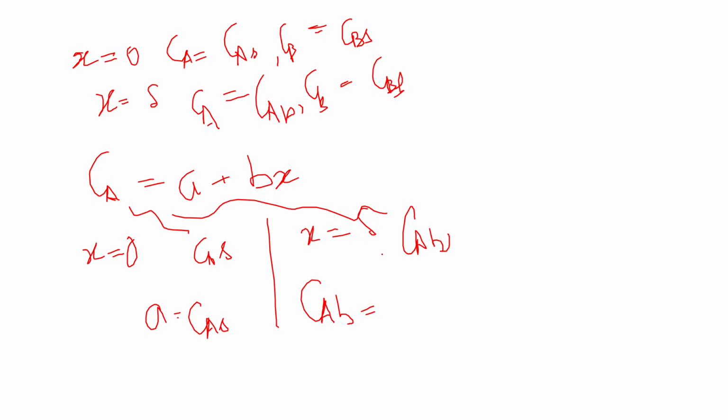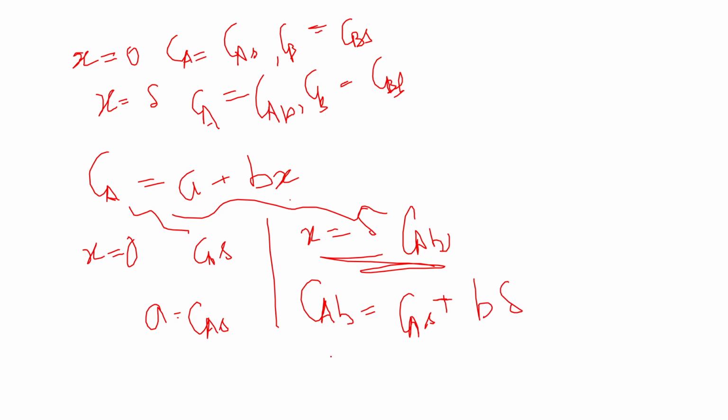I'm just substituting this condition in the top equation. CA bulk equal to A, and A is already CAS, we found that out, plus B delta.